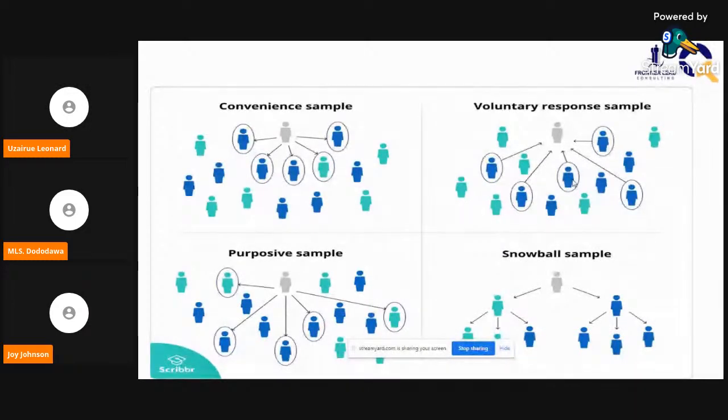But I cannot go to Borno State because of the security challenge there. But I have a friend who is knowledgeable. I feel that he knows the terrain and the geographical area of Borno. Then I can decide to recruit a person.